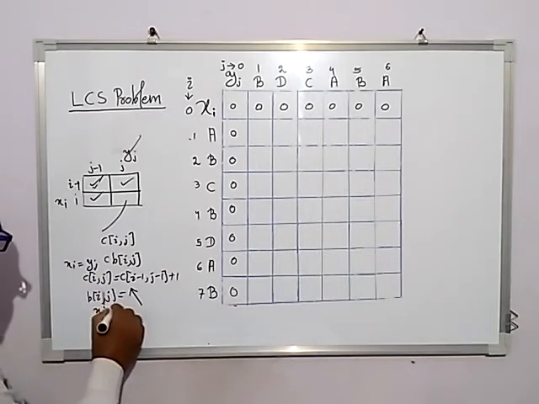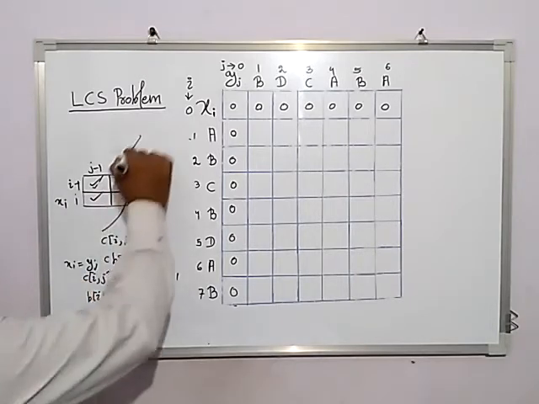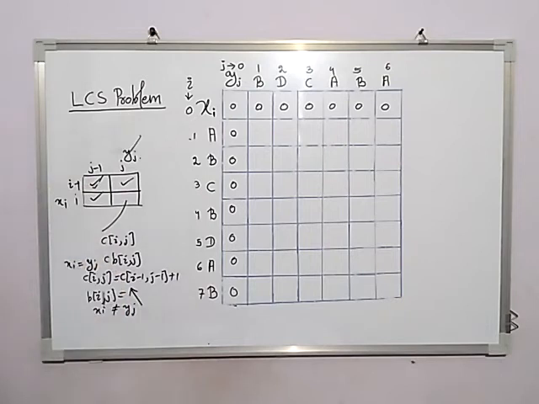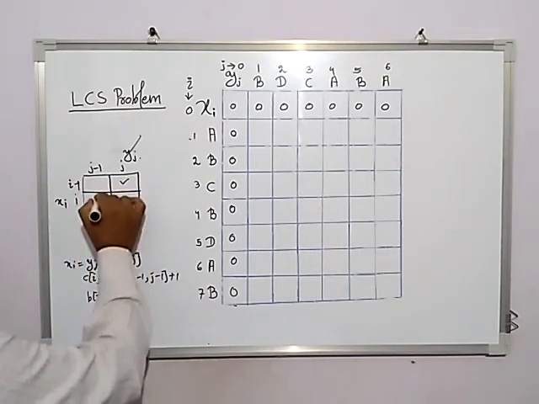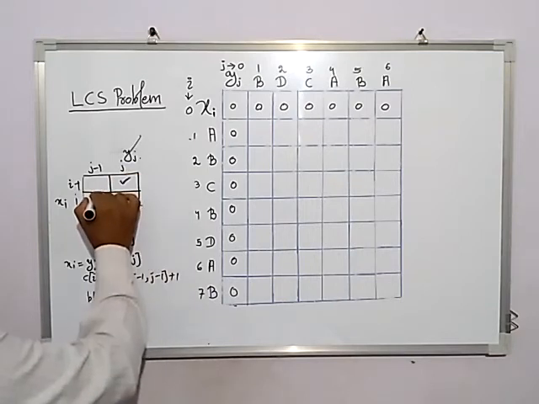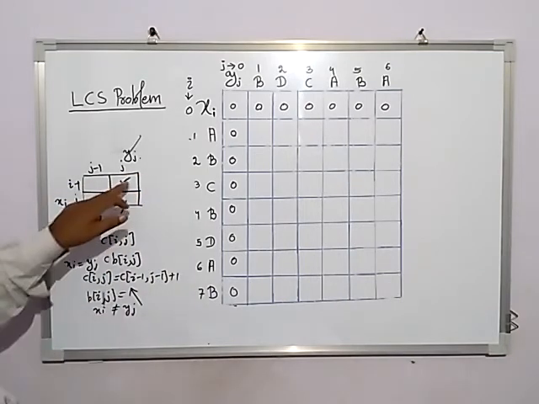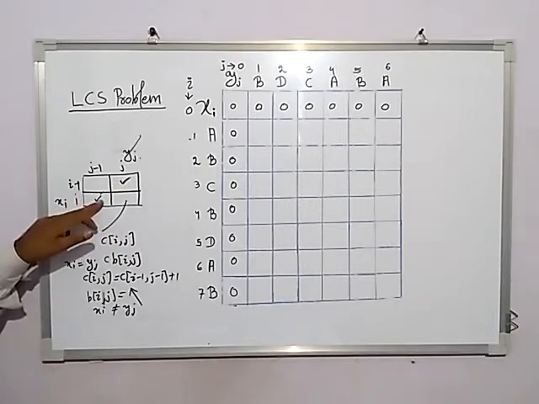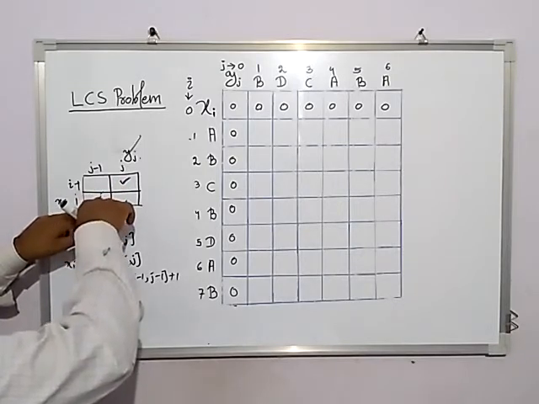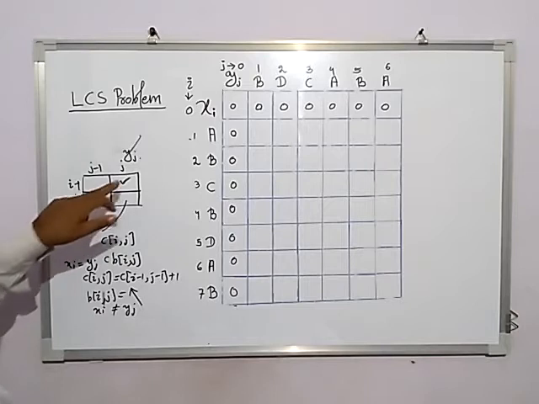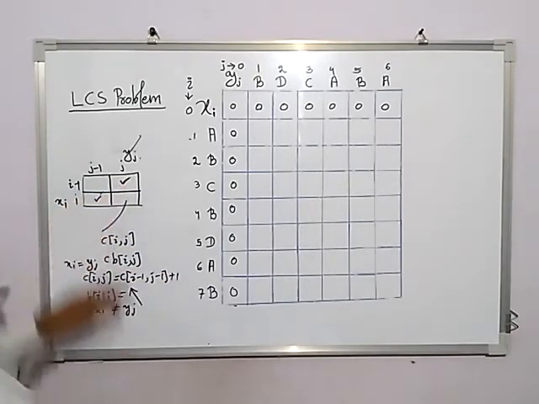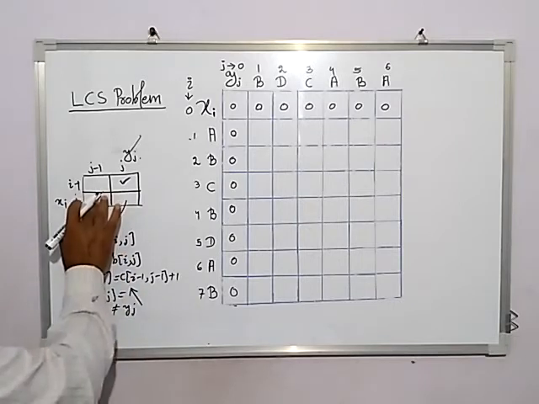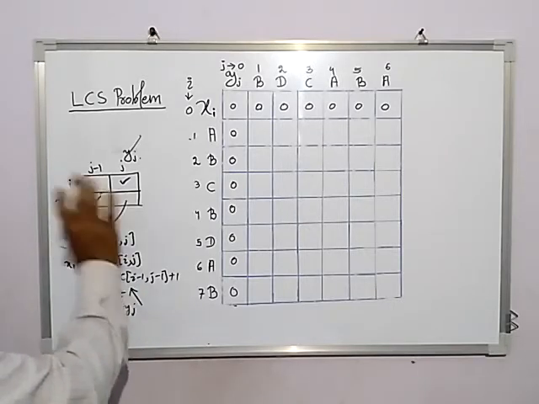If xi is not equal to yj, this one is not equal to this one, at that time you consider the top element or the box above and the box left. If the value of box above is greater than or equal to value of box left, you consider this value and use up arrow. If this condition fails, you have to use left box value and use sleeping arrow.